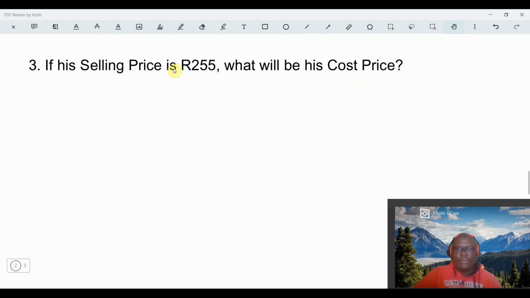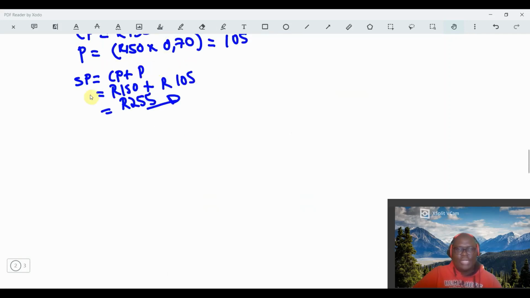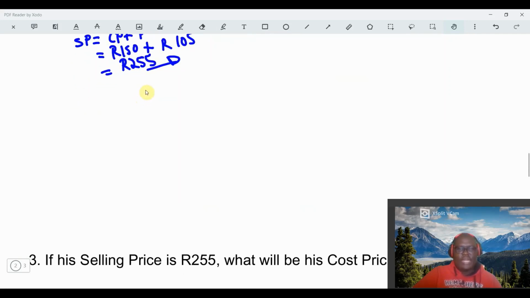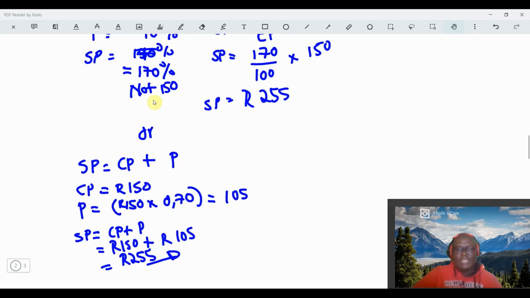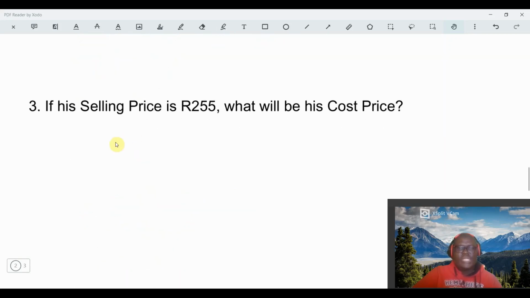So remember, this question is linked to this one, the selling price of 255, so it means the markup that we would use is 170.